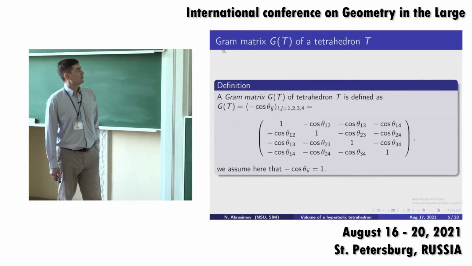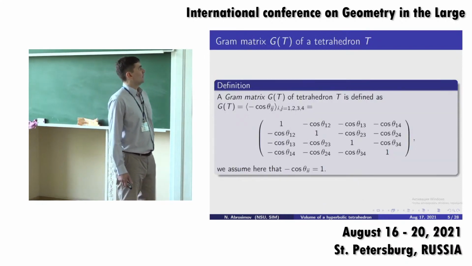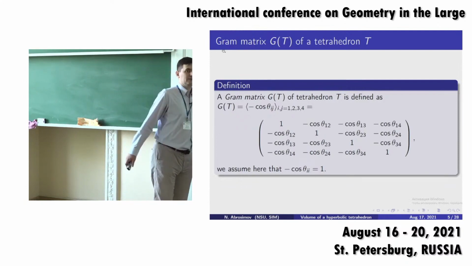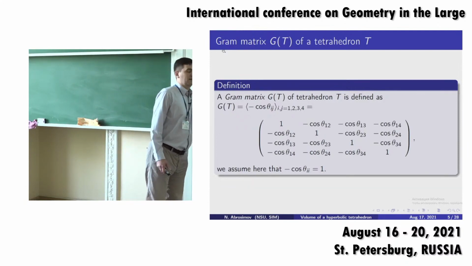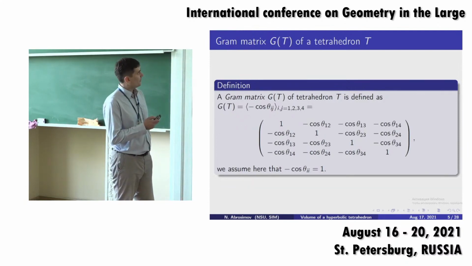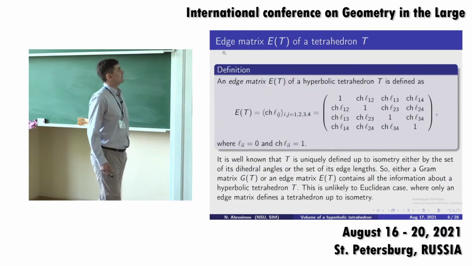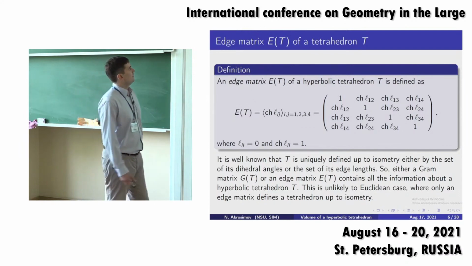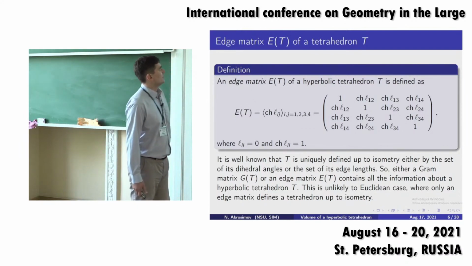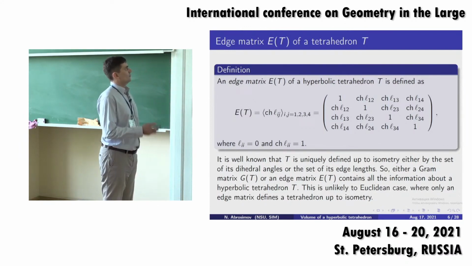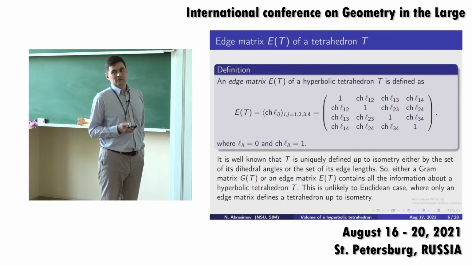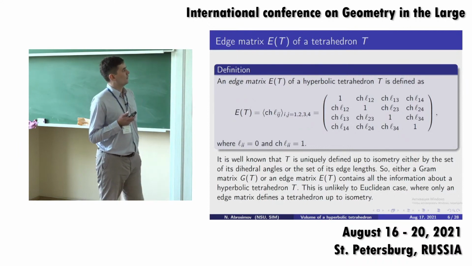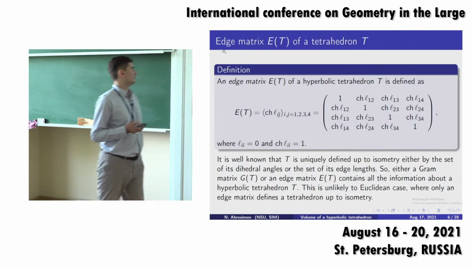A Gram matrix of a tetrahedron is defined as follows. It consists of minus cosines of dihedral angles. An edge matrix of a hyperbolic tetrahedron consists of hyperbolic cosines of edge lengths of a tetrahedron.